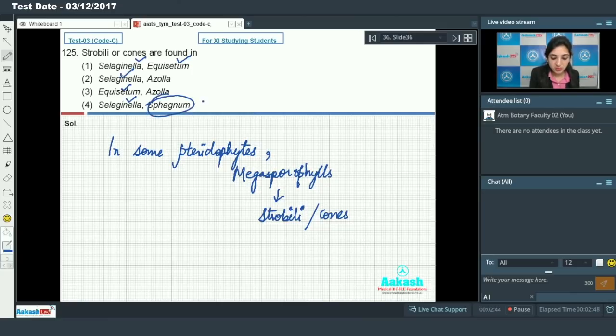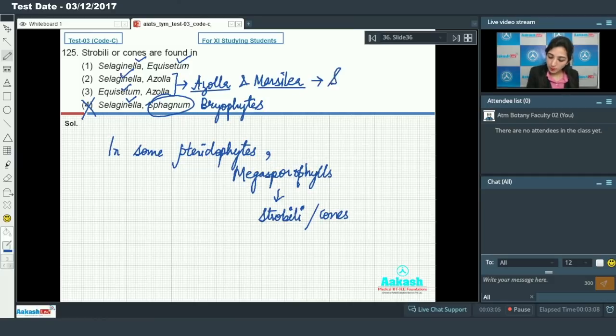Here sphagnum is a bryophyte which does not bear cones, so we can rule out this option. Azolla and Marsilea, they both are pteridophytes, but they do not have strobili or cones.